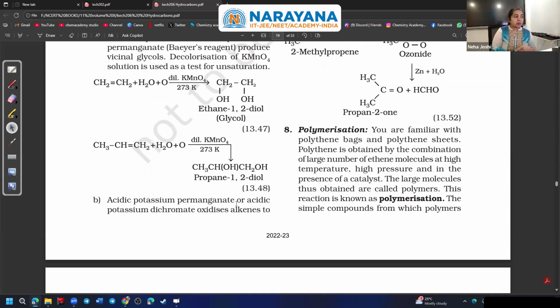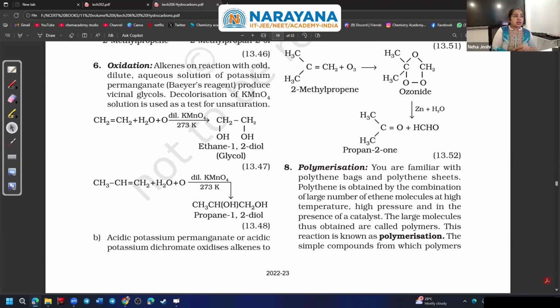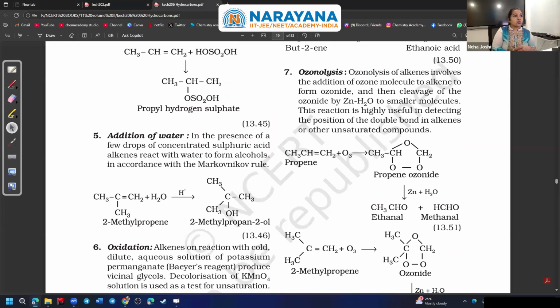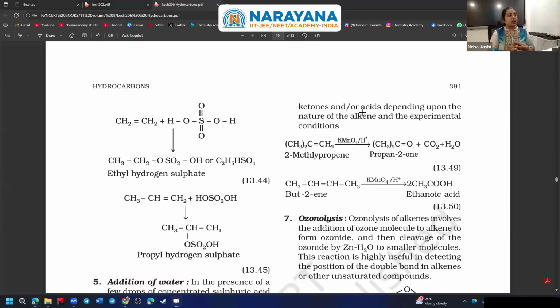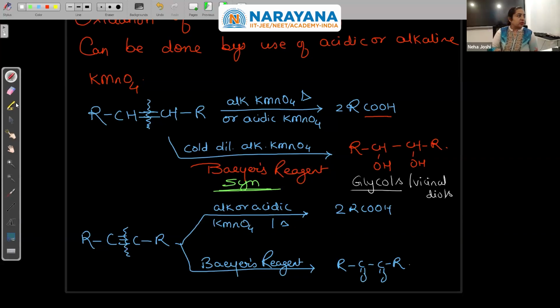Okay, acidic potassium permanganate or acidic potassium dichromate oxidizes alkenes to ketones or acids, because if it is aldehyde, it will be acid, depending upon the nature of alkene and experimental conditions. Okay, so that is a confirmation that nothing more they are mentioning.